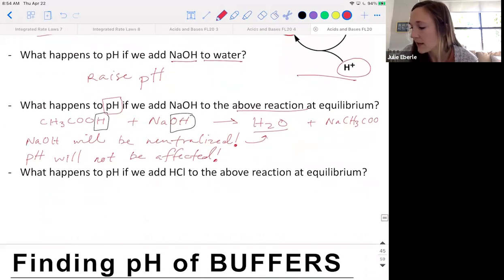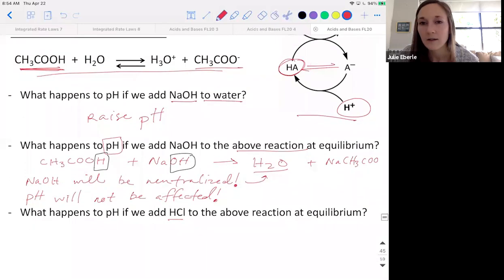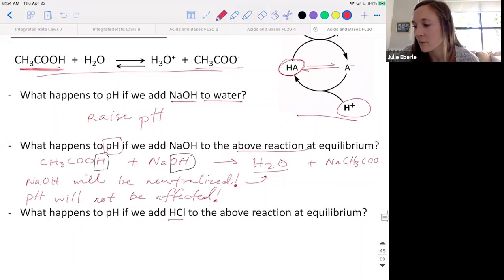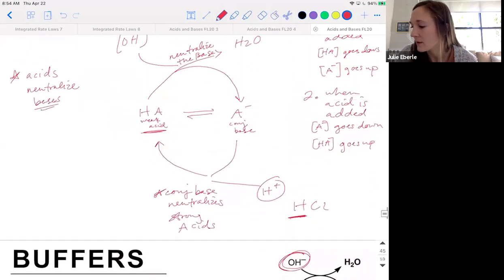All right, what will happen to pH if we add HCl to the above reaction, this acetic acid reaction up here? Remember the buffer diagram. We add HCl. Which component in here do you think would react with that HCl? Let's go back to our buffer diagram.